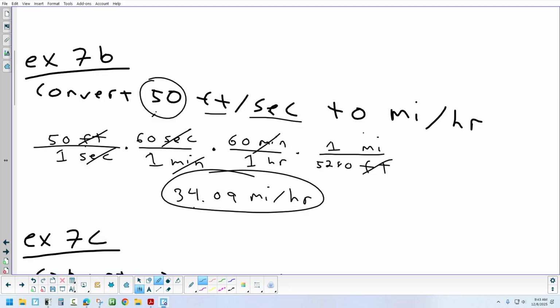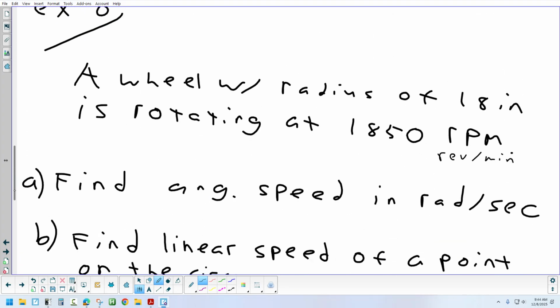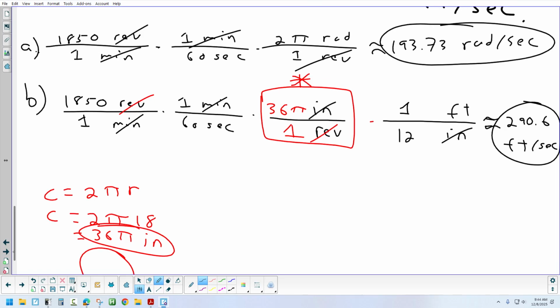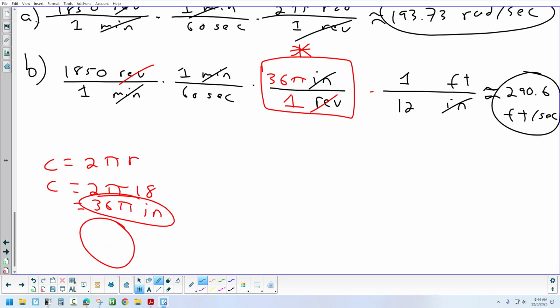So if you multiply 34 times 6, you're over 200 miles an hour, right? So if an object that size was rotating at 1850 RPMs, like on a machine, and it fell off, and you were standing in its way, you're probably not getting out of the way. It's coming at you a little too fast.